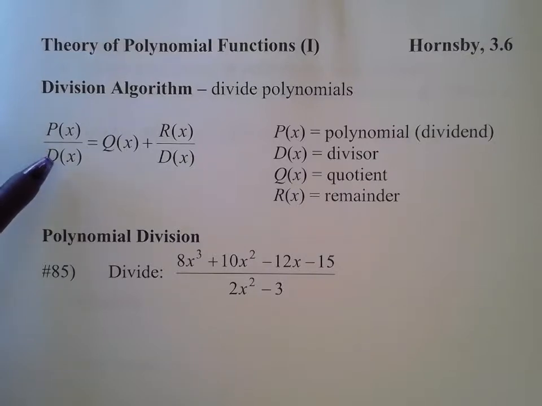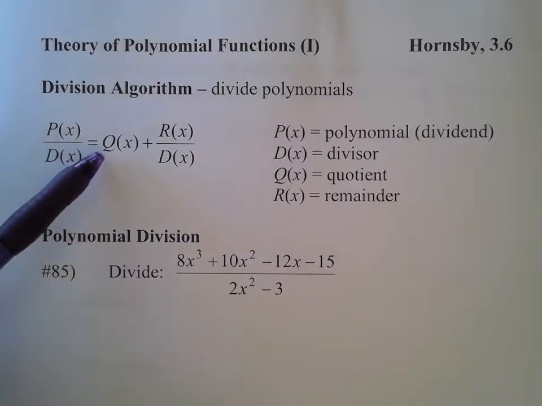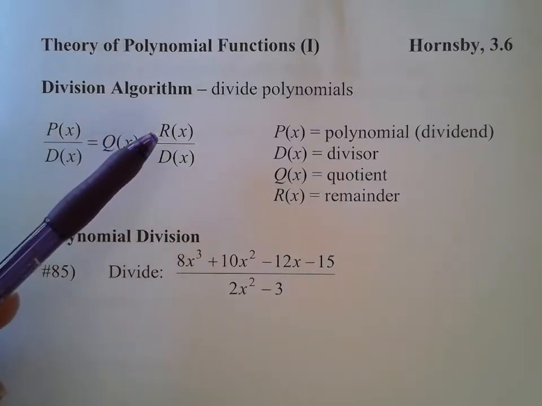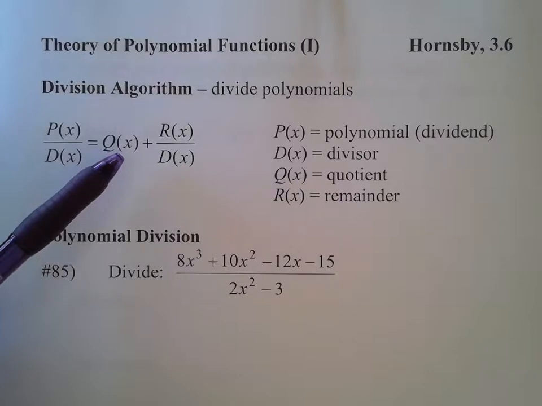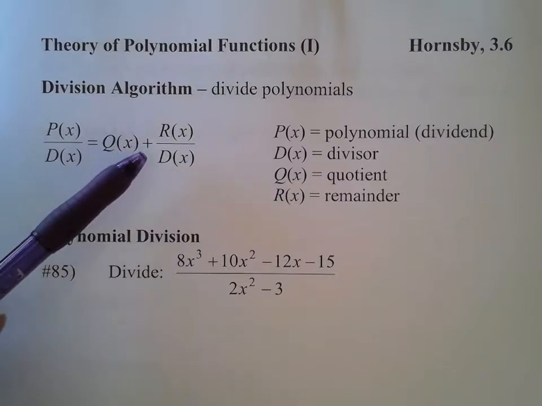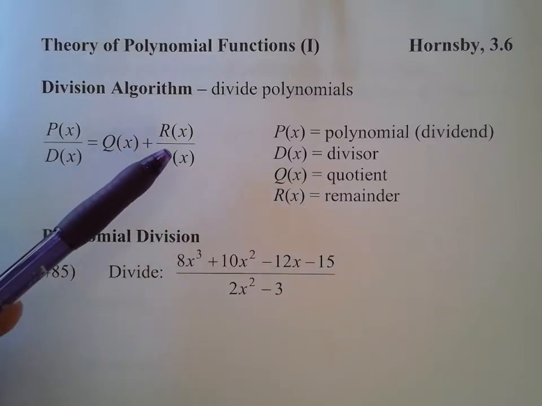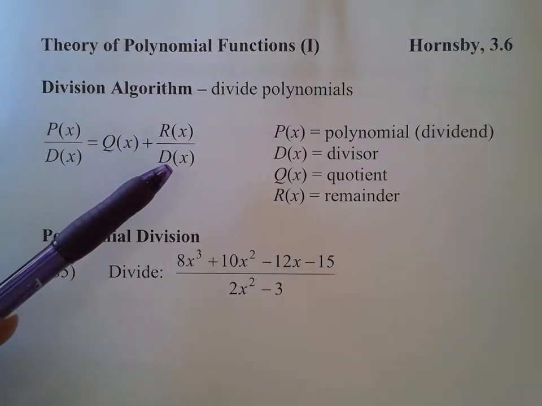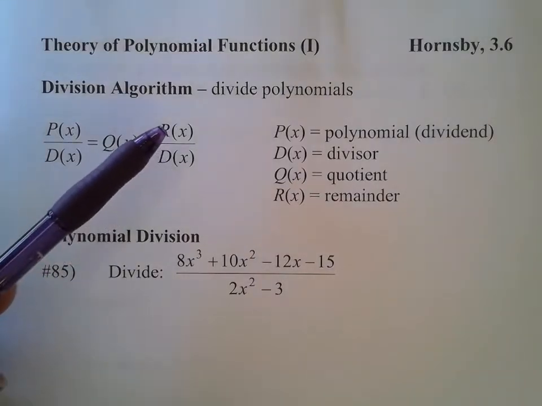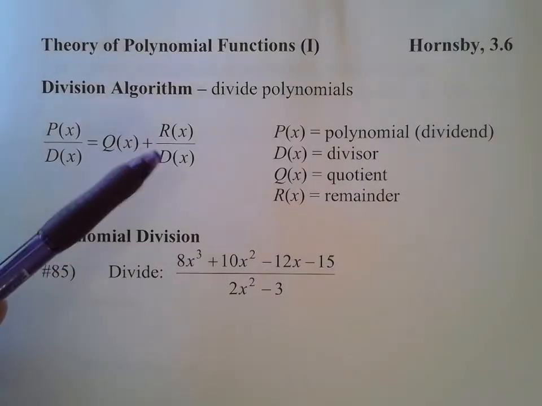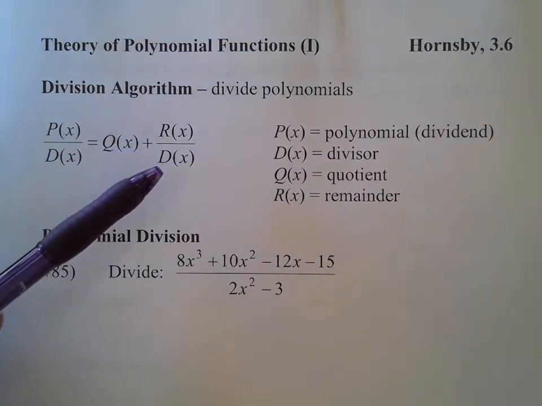When you divide, the result is called the quotient. If it doesn't go in evenly, there's a remainder. We can write our result as the quotient plus the remainder divided by the divisor. The remainder is over the divisor because anything left over did not get divided yet, so it's still written as a fraction.